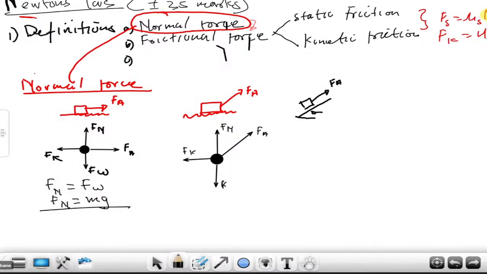Fine. The people who set these papers said they do not want components in a free body diagram, because it will say draw a free body diagram.